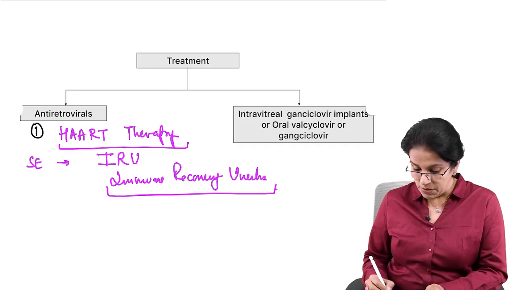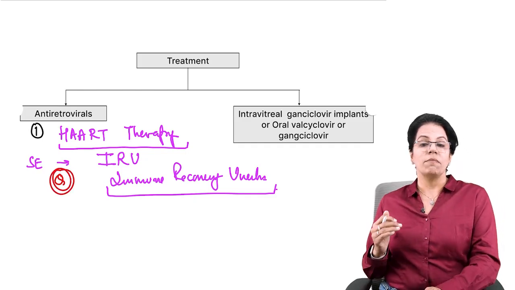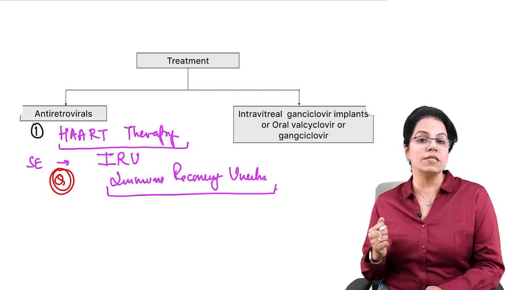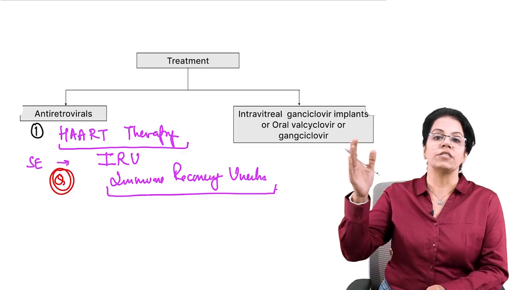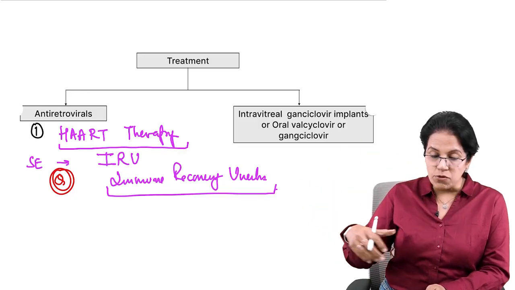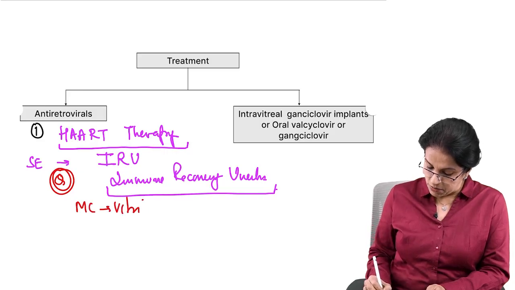Immune recovery uveitis is mainly involving which part of the uvea? This has been asked. It can be anterior, intermediate and posterior. But if I have to choose among all, most commonly it's a vitritis, so I will answer intermediate uveitis.